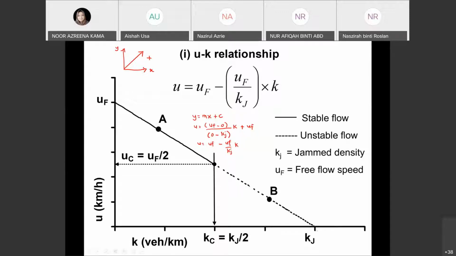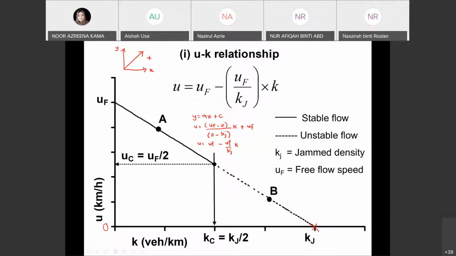At this point, the speed is equal to 0, so it means it is jammed, bumper to bumper, not moving. Okay, that is jam density. Then we have UF, the free flow speed, located here at the highest point. It means when there are no vehicles or only one vehicle on the road, it can go as fast as it wants, provided the road is safe. That is called free flow speed.